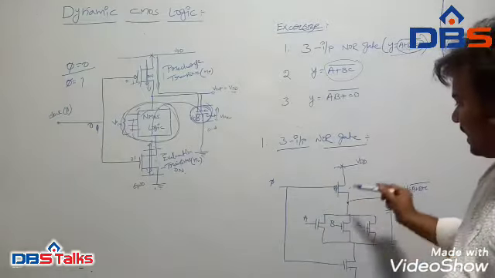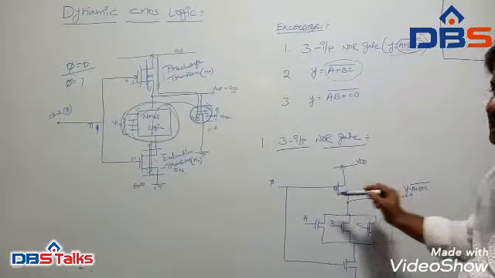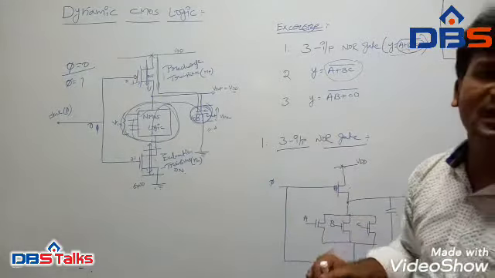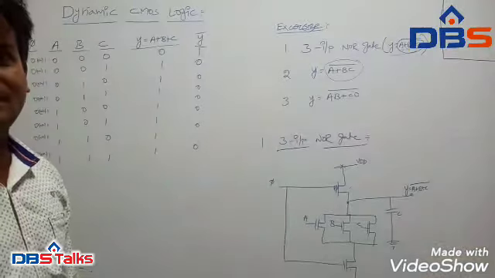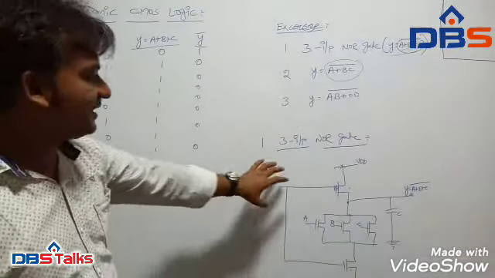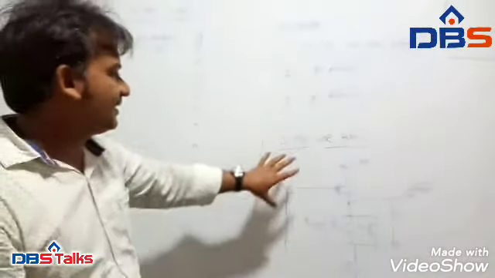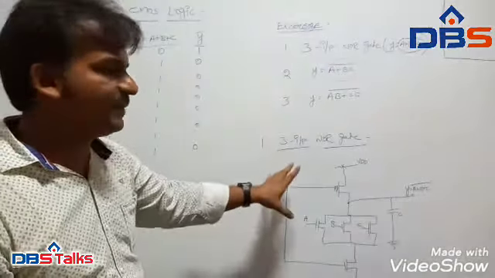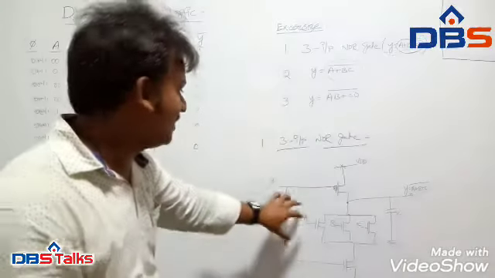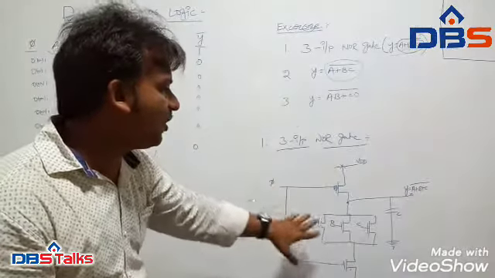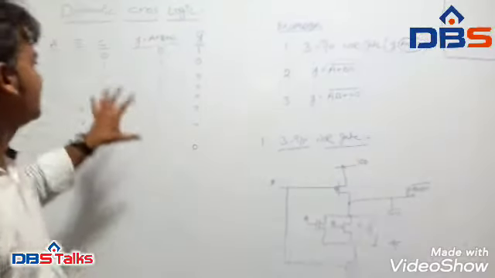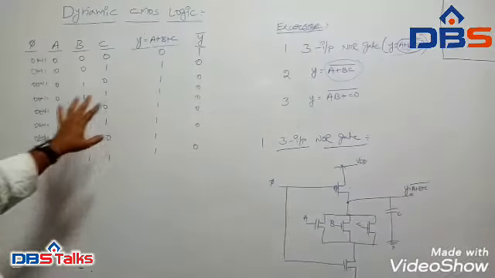So now I have to explain this operation by using the truth table. Okay. So already we saw the diagram of how we have to design a logic function by using dynamic CMOS logic. So this overall operation will depend on this truth table.